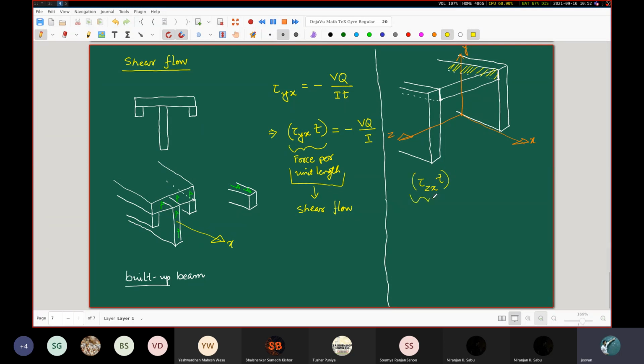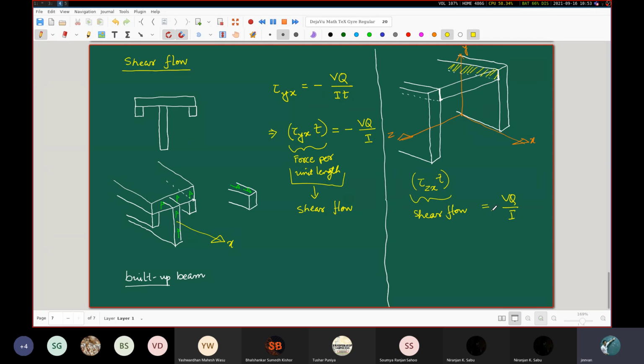So the shear flow associated with these vertical planes will again be equal to VQ by I. You may or may not end up with a plus or minus, but that sign is only consistent with the choice of your coordinate axis setup. In terms of the actual shear forces, the plus or minus sign really doesn't matter, as long as you recognize the direction of the shear flow correctly.